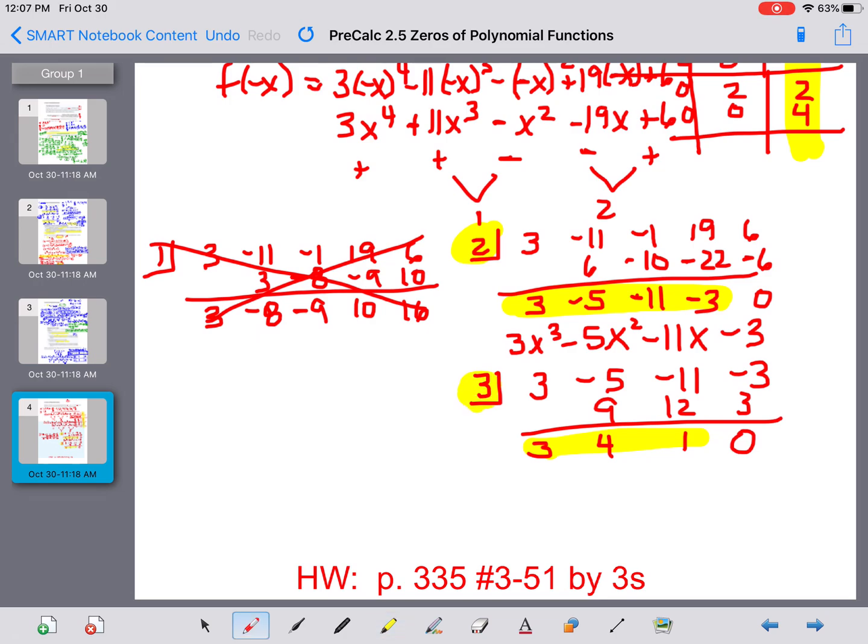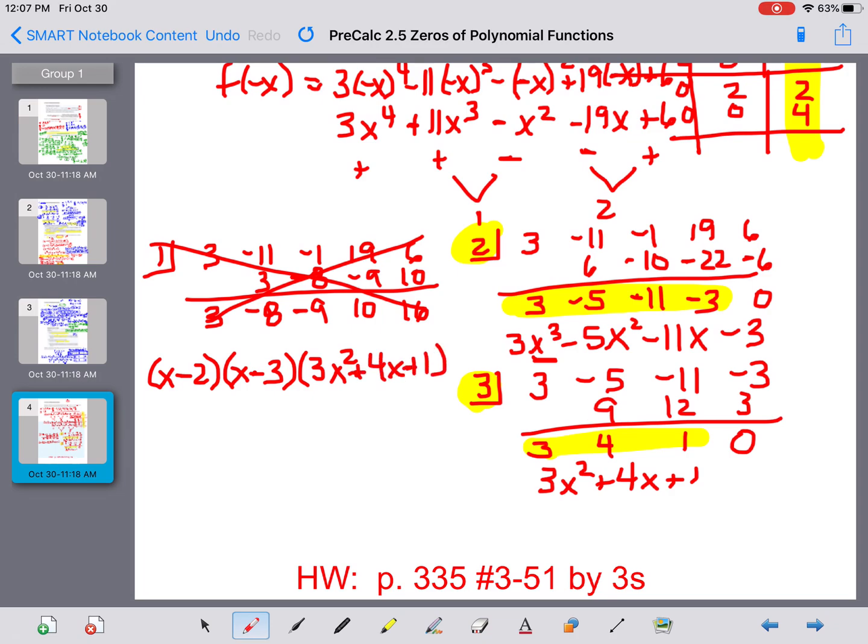Okay, so what I have right now is an x minus 2 as one of my roots and factors, an x minus 3 as another factor, and I have 3x squared, because this was x cubed, so now I'm down to x squared, right? Plus 4x plus 1. Okay, does that last trinomial factor?